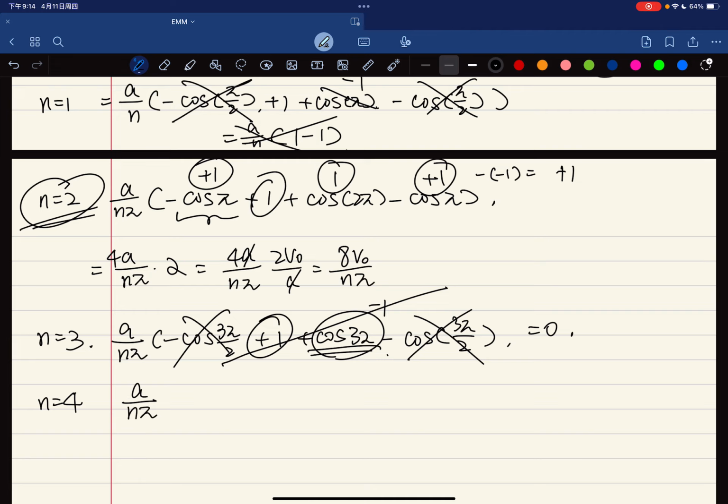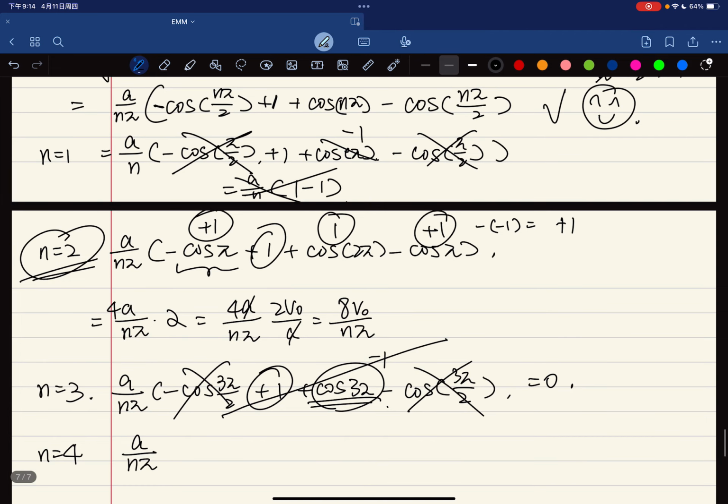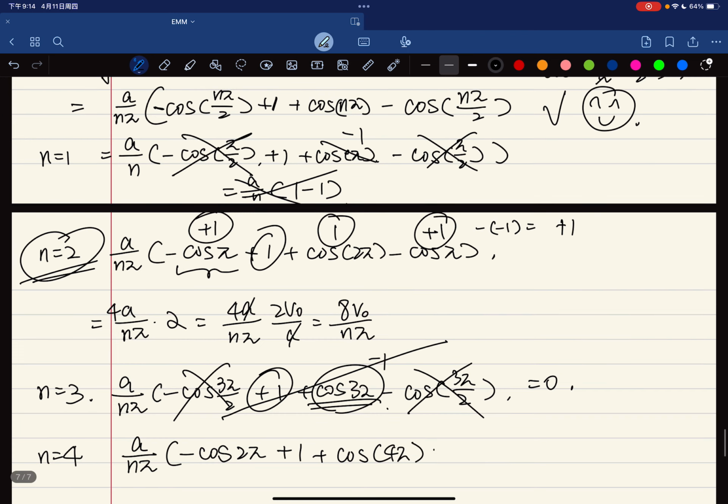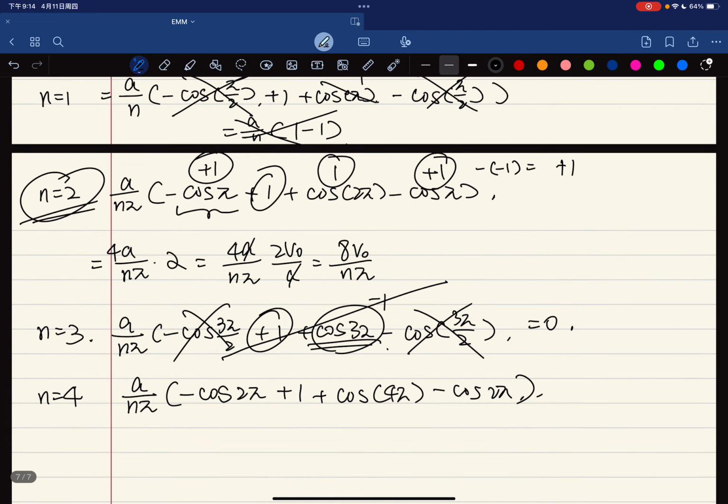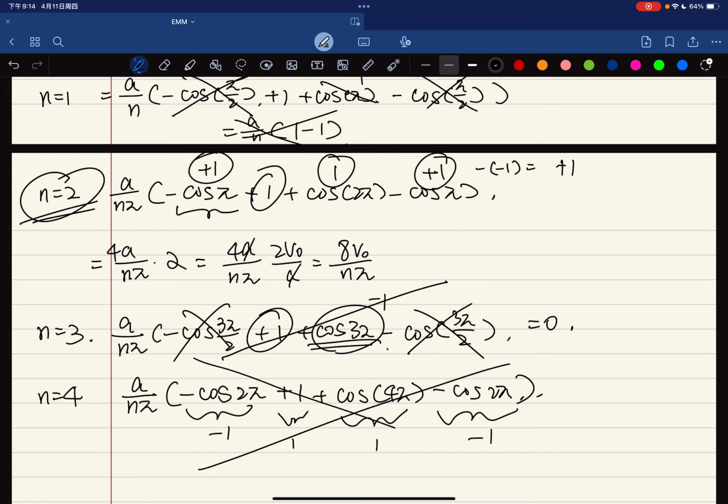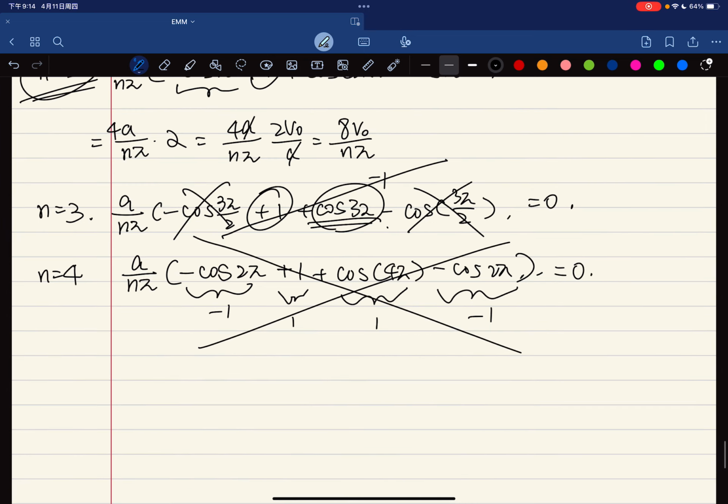We use a divided by m pi negative cosine 2 pi. So plus 1 plus cosine 4 pi minus cosine 2 pi. So cosine 2 pi is 1, right? So this is negative 1, and 1, and 1. So they all cancel, so give us 0.